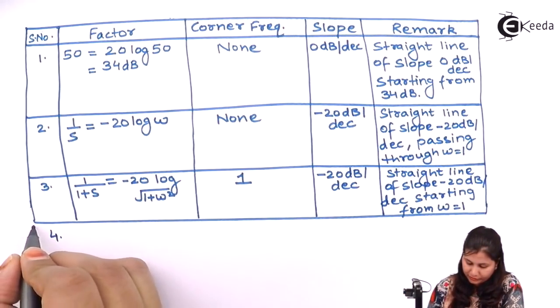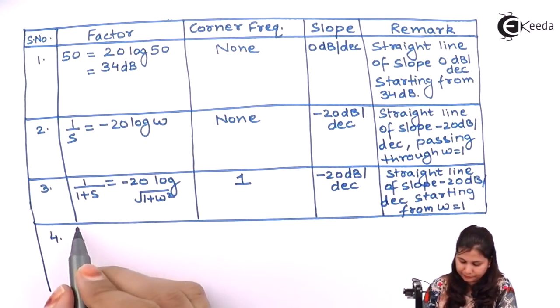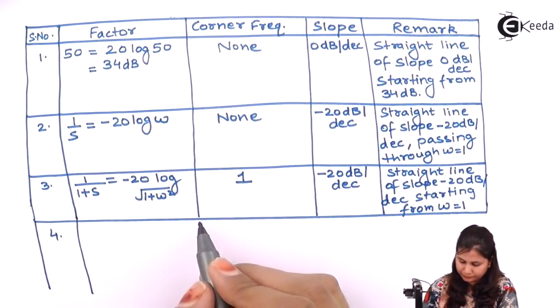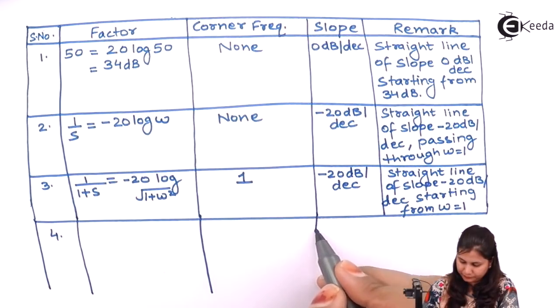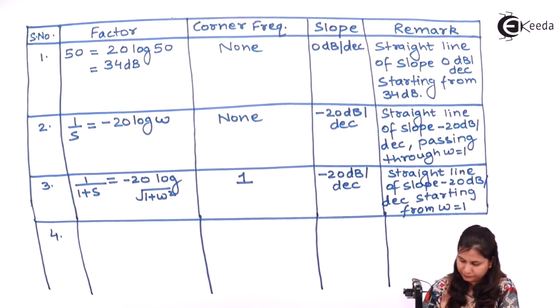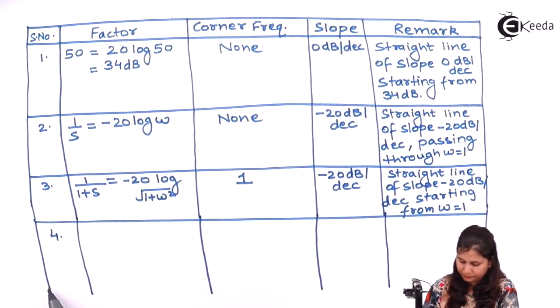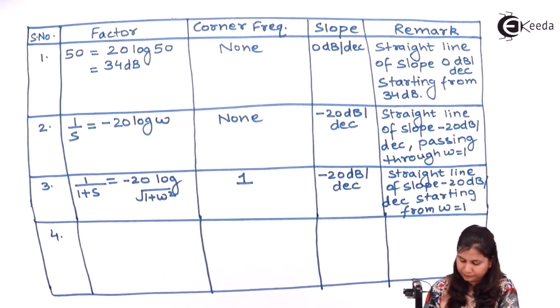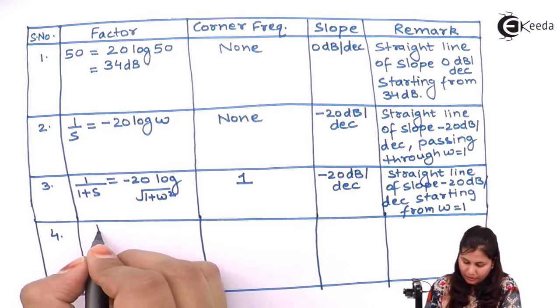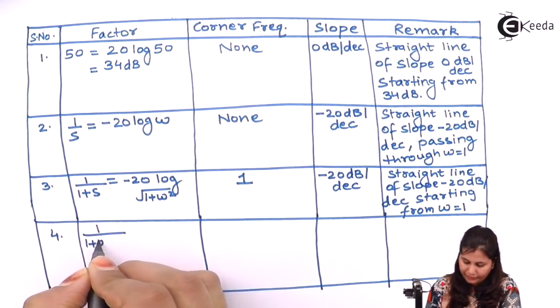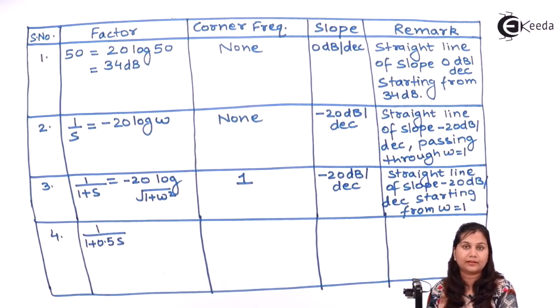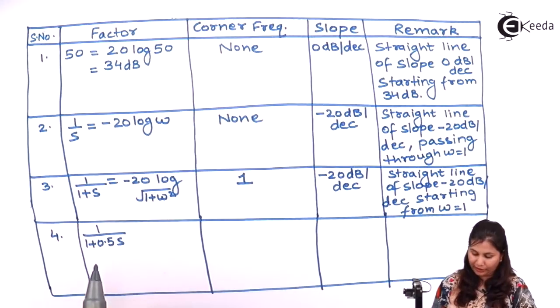Now fourth factor is 1 upon 1 plus 0.5 s. Okay, this is our fourth factor.